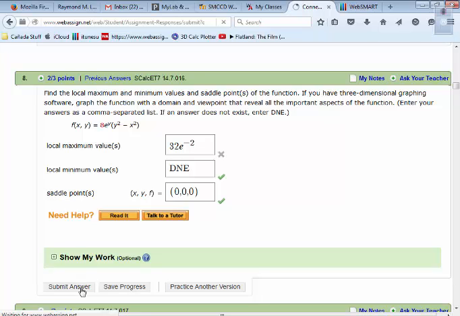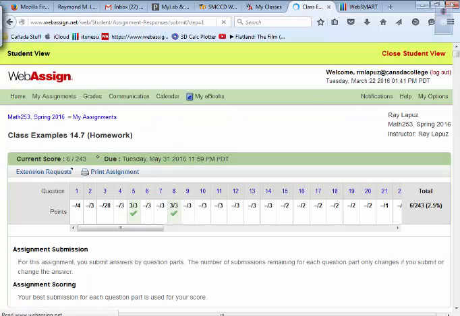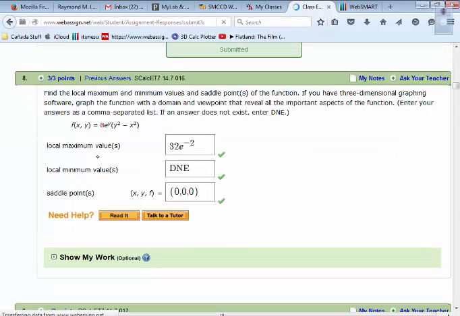Oh, so here's a lesson for us. They say maximum value. They want the actual value. They don't want the point. And so when they want the actual value, you just give them the z value. So the local maximum value, just the z value. For the saddle point here, they actually ask for an x, comma, y, comma, f, so that's your z.